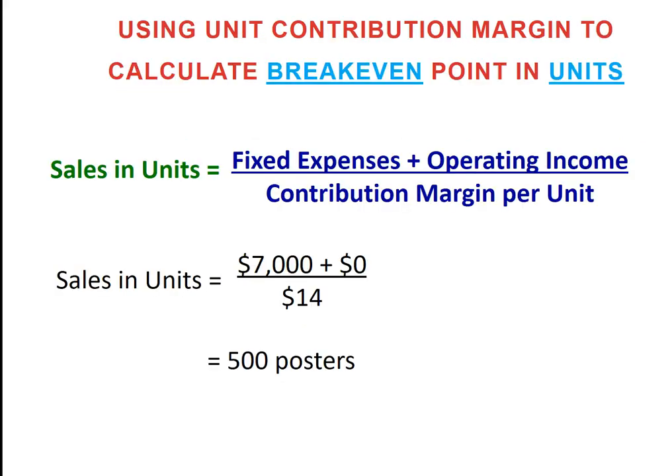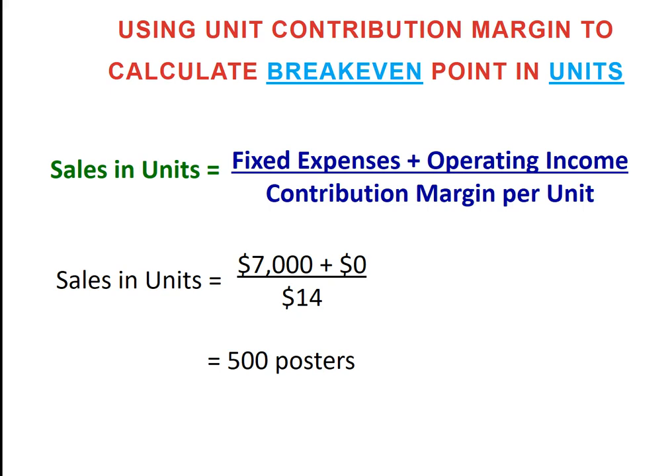Now let's take one example. I just mentioned that at break-even point, your profit or operating income is zero. Now, we will use the term contribution margin to determine the break-even number of units for this K poster company example.